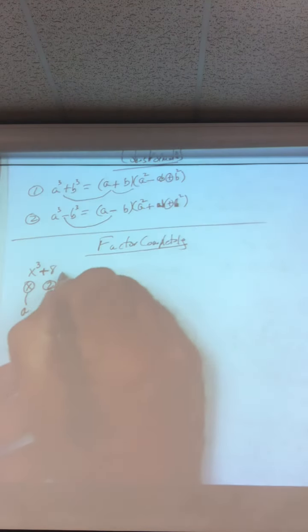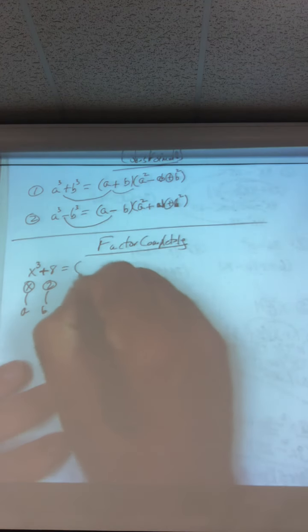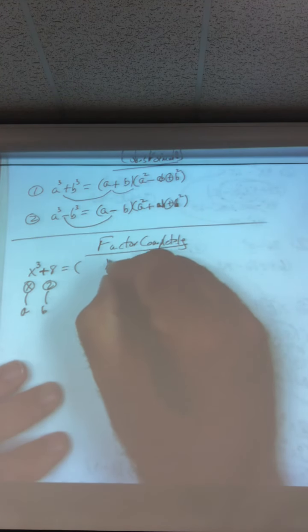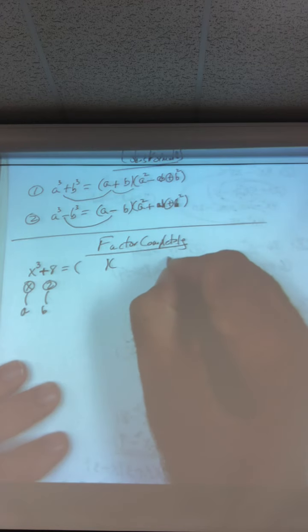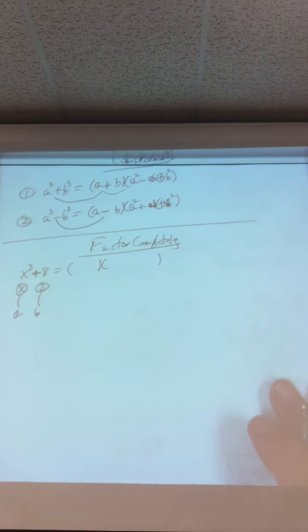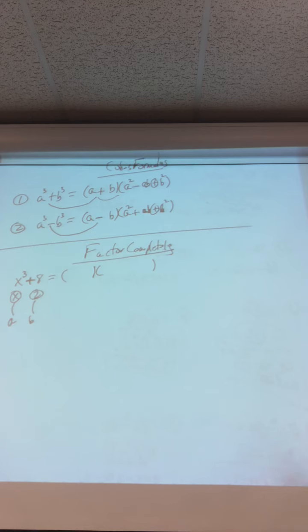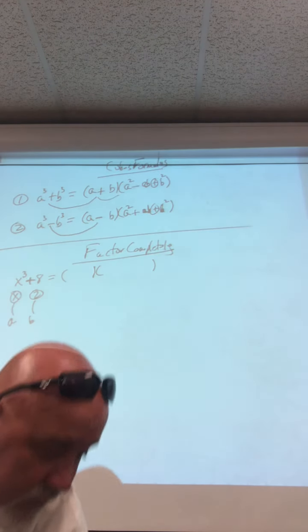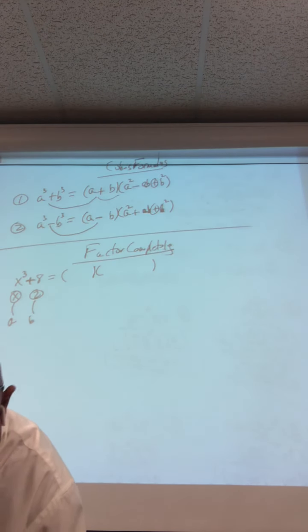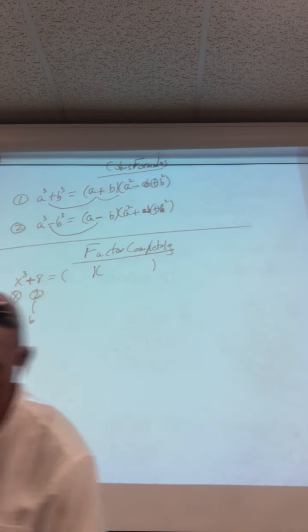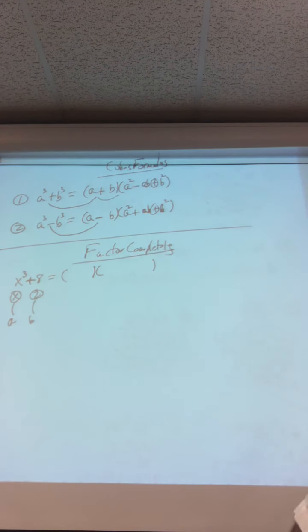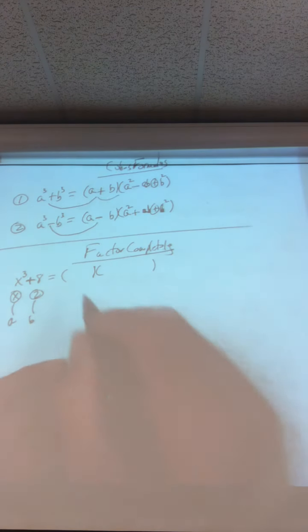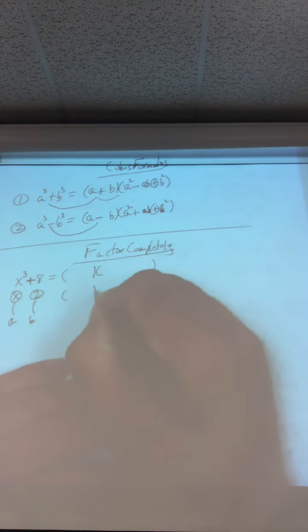All right, so do this for me. Put your equal sign. Do one set of parentheses, but make your second set a little longer. Now, right underneath this, I'm going to put the formula.